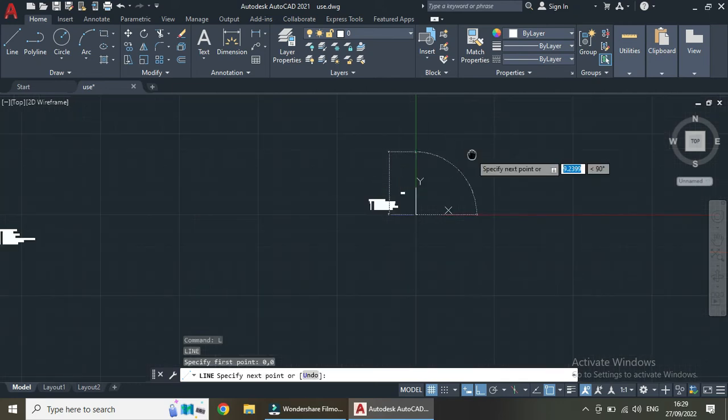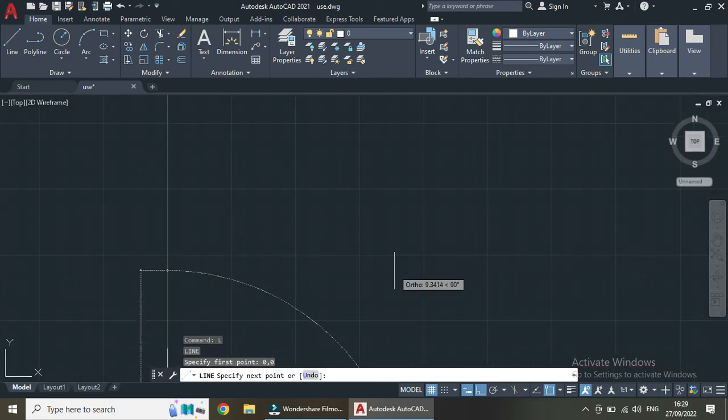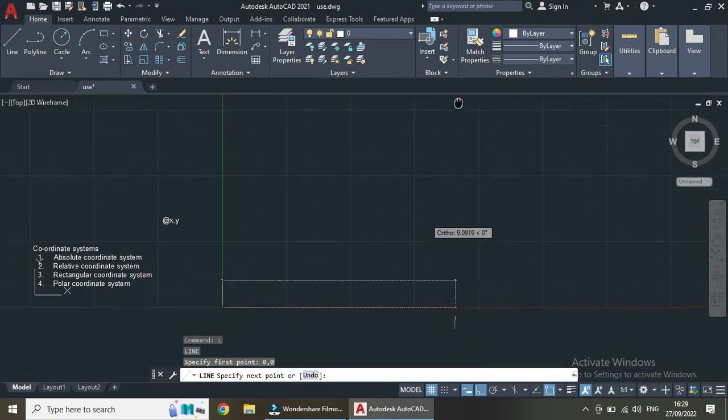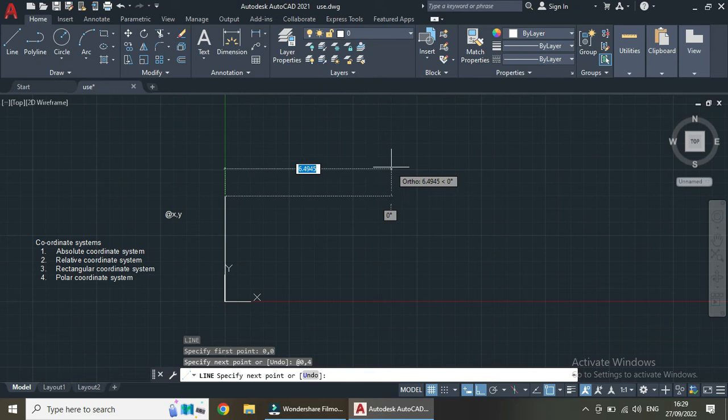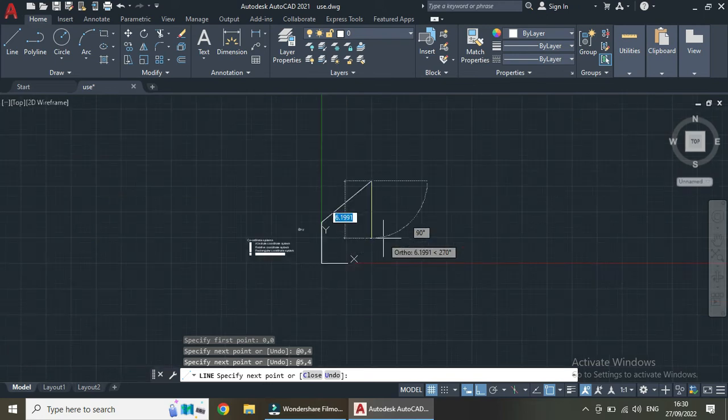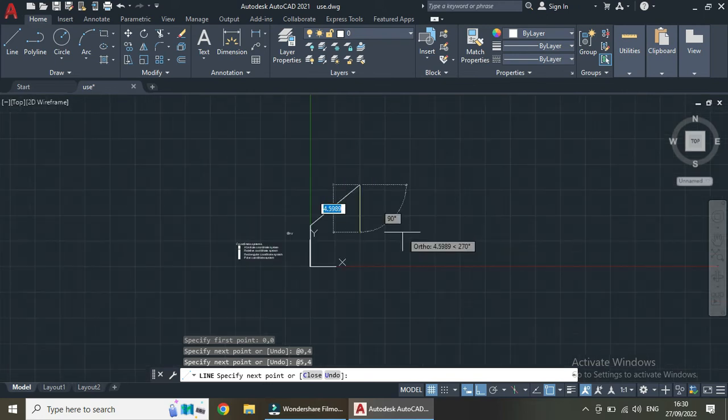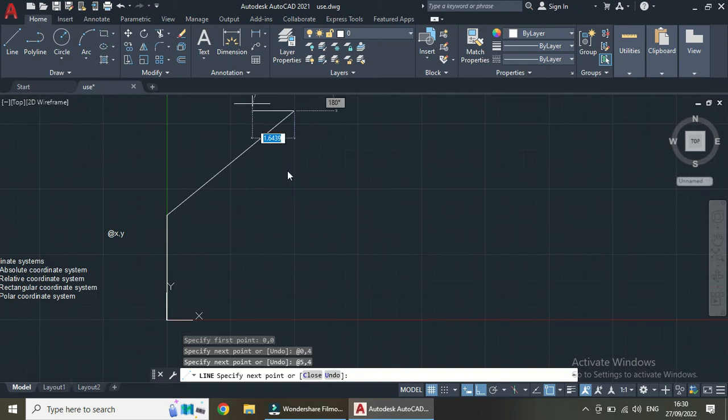Now we have to give the @0 comma, let us take 4, enter. Now we have to give the y coordinate, x and y coordinates as well. @5 comma, so we have given the coordinate as here.